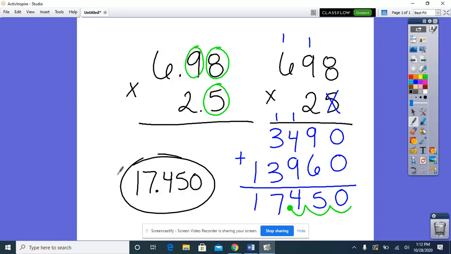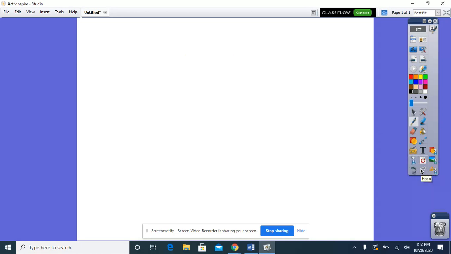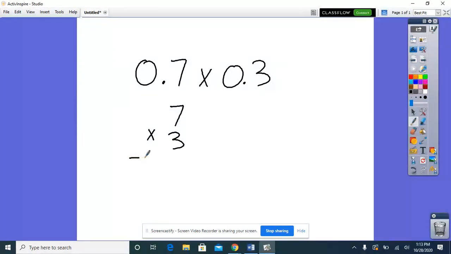Okay, I'm going to go over one more with you guys. Let me find one that might be a little confusing at first. So let's do 7 tenths times 3 tenths. So my first step, I've got to take out my decimals. When I take out those decimals, I can also ignore the zeros, so I can just have 7 times 3.